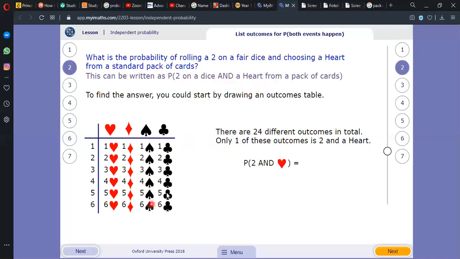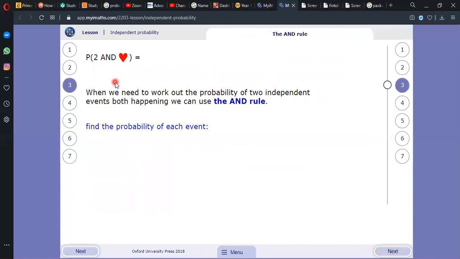So if I take a look at all those possible outcomes, where can I get 2 and heart? I think I have it right here. So which means that this is the only successful outcome of 2 and heart. So I have the probability of 2 and heart to be equal to 1 over 24. I'm sure we all follow through with that. Again, the probability of 2 and heart is actually 1 over 24.